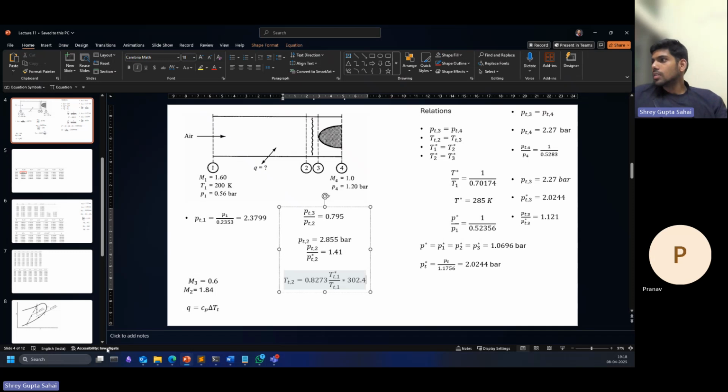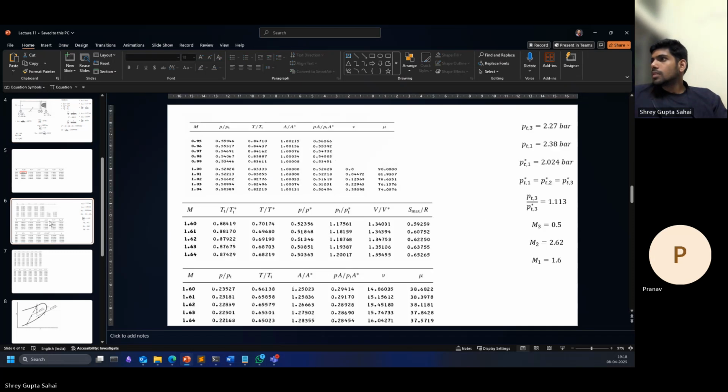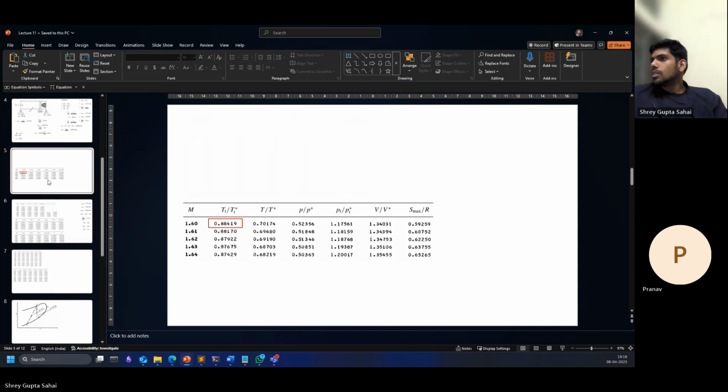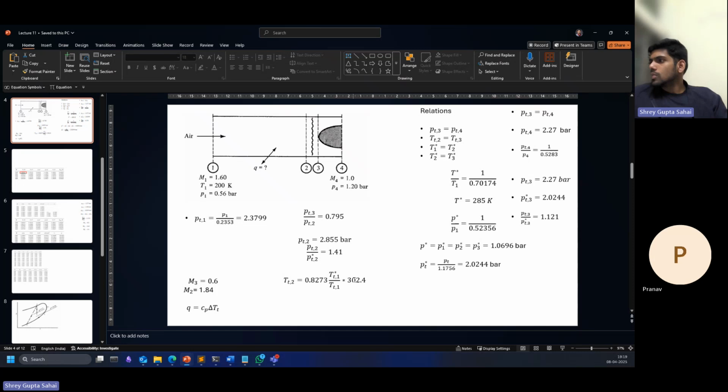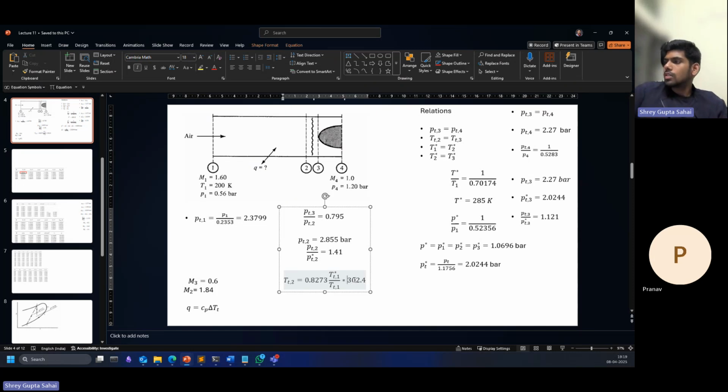And this ratio is 1 divided by 0.884142. So if I look into this, I'm going to get 282.93.